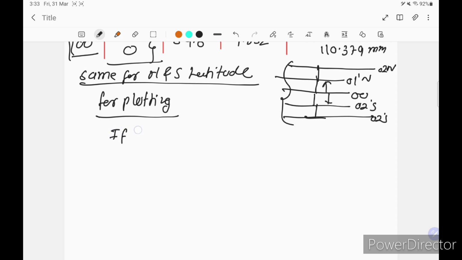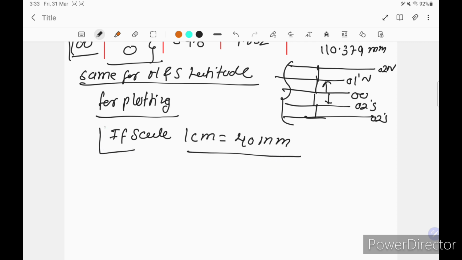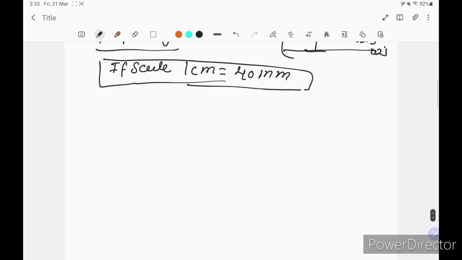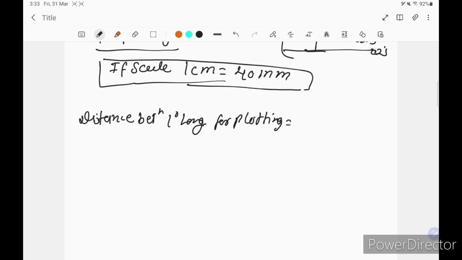Okay, so for plotting, we reduce the scale. Let's consider 1 cm is equal to 40 mm. Okay, this is our scale for plotting, very important for the exam. Now we have to calculate the distance between 1 degree longitude for plotting. So we have to calculate in cm.